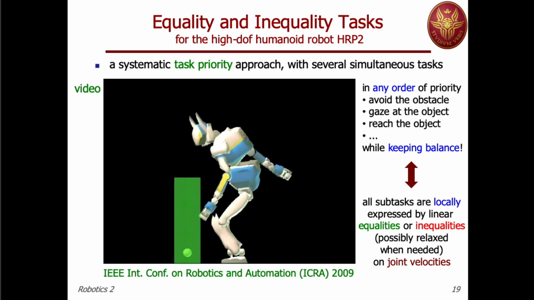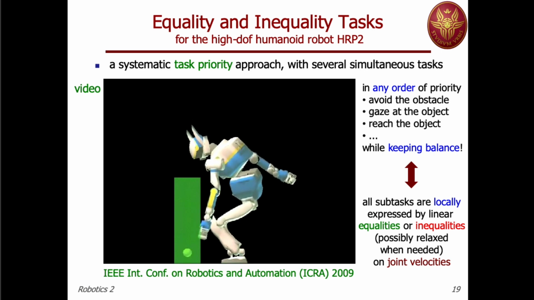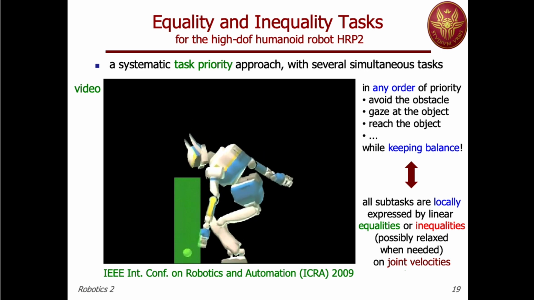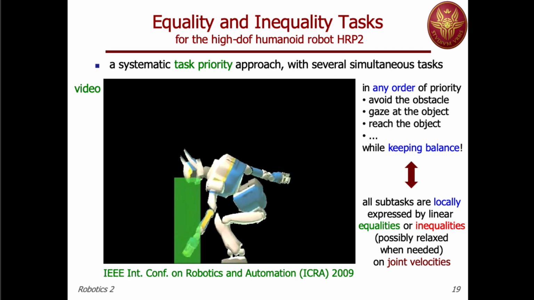So reach is the most important one. Look is the second one, and avoiding the box is the third one. So far, you're satisfying all constraints. Now you enter while looking, and then you enter and you still look, because avoiding the green fictitious obstacle is the lowest priority task.